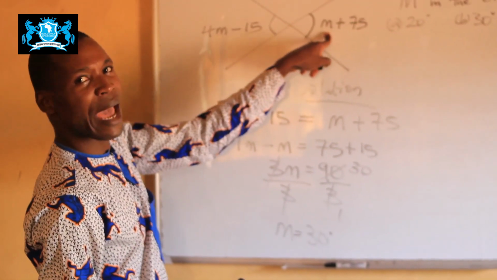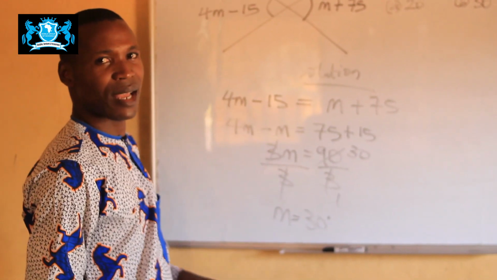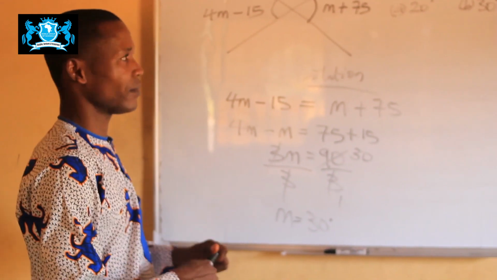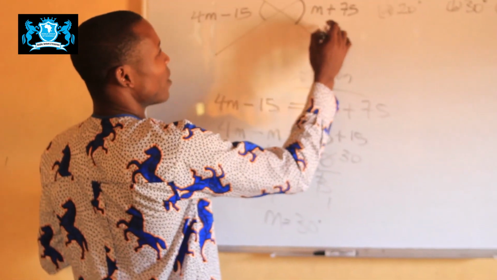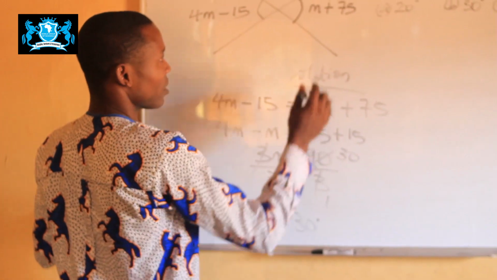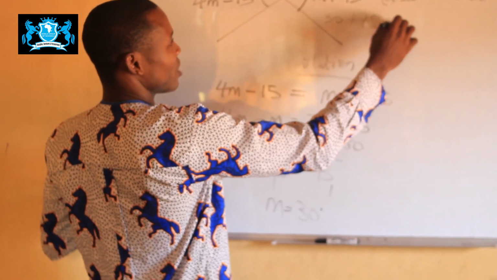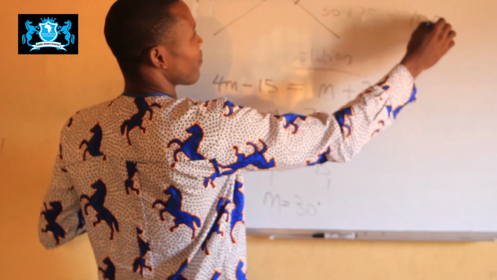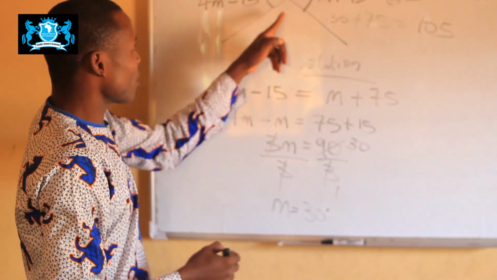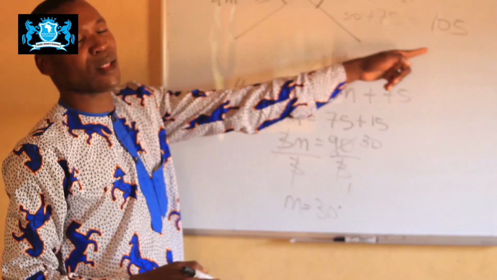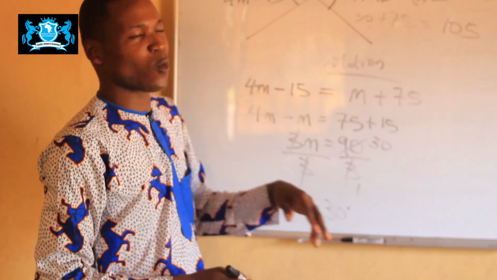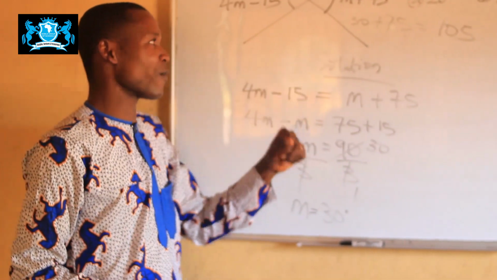Let us verify and see if we are correct. Let us put m here and here and see if we get the right answer. If we put m here, 30 plus 75 should give us 105. So let us solve the same thing here and see if we get 105. If we don't get 105, we are wrong. But if we get 105, we are correct.